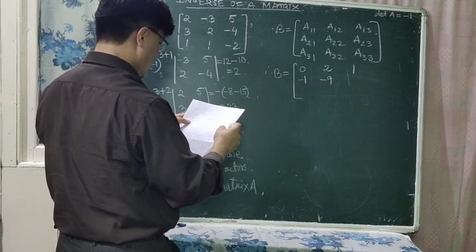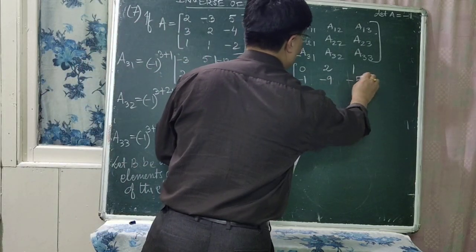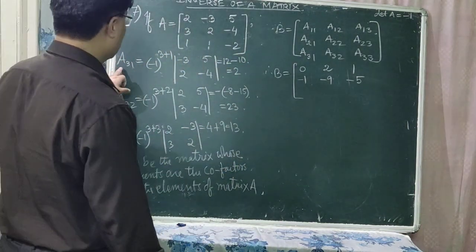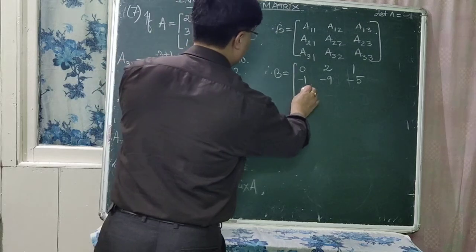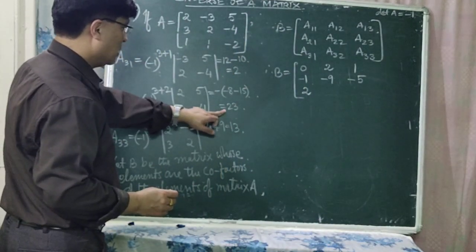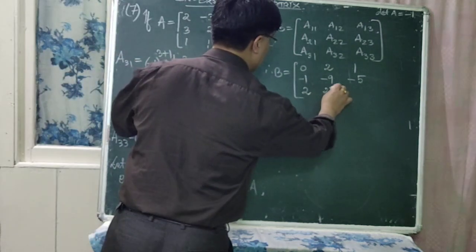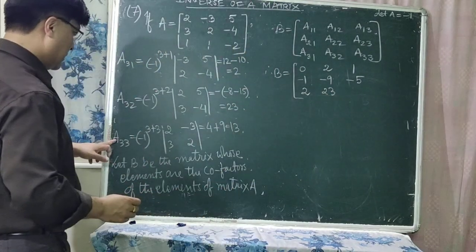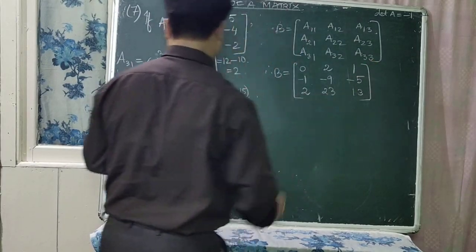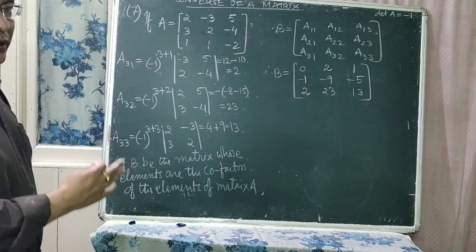What is A23? Minus 5. And what is A31? A31 is 2. What is A32? It is 23. And next A33 is what? 13, right? So we got the matrix B.